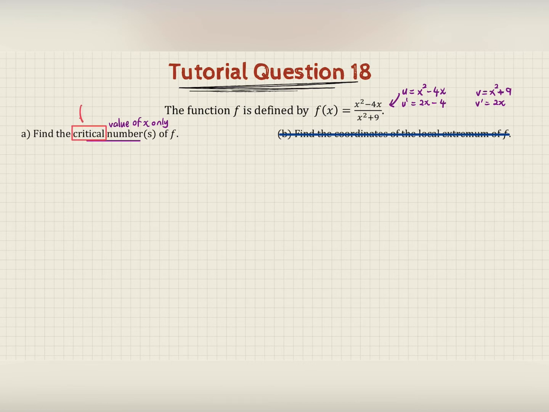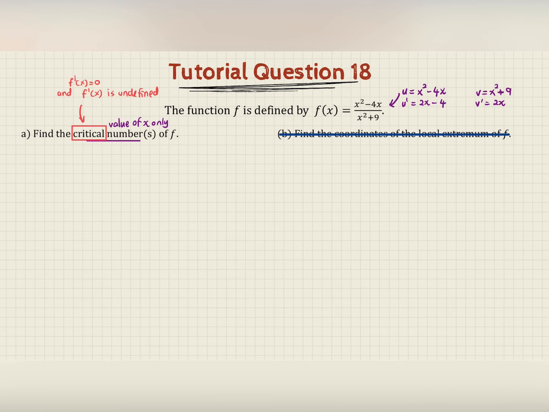Okay, critical ni maksudnya kita kena guna dua benda lah. Kita kena check f prime x equals to 0 and kita kena juga check yang f prime x is undefined. So kena check the value of x for these two condition. Okay, f prime x equals to 0 dan juga f prime x undefined.